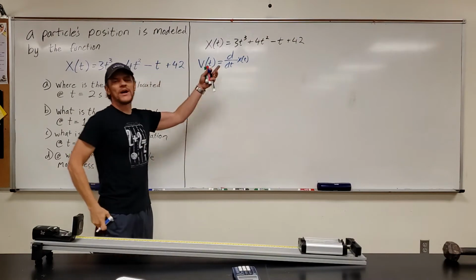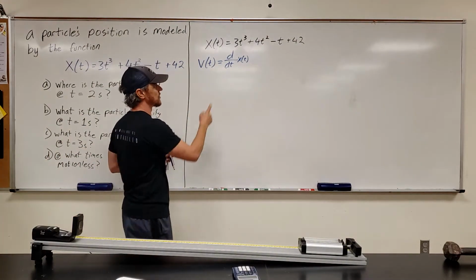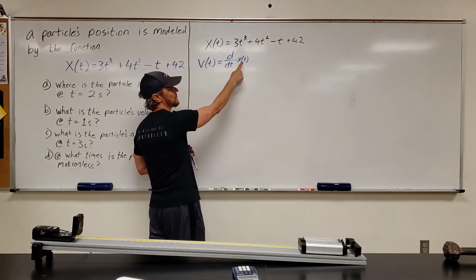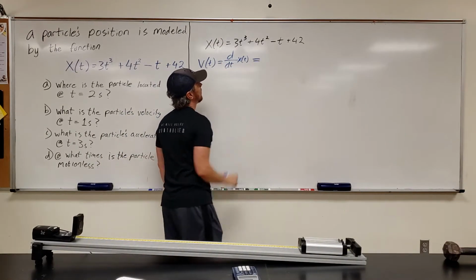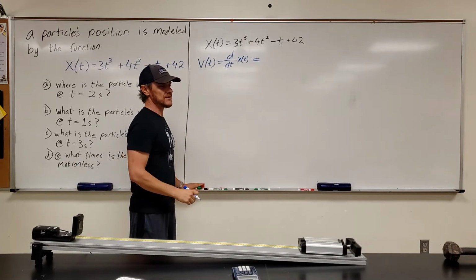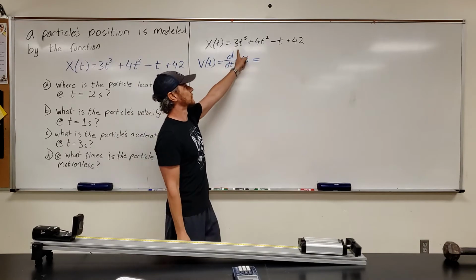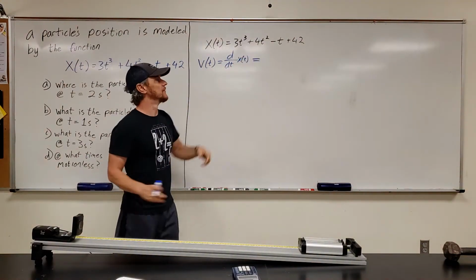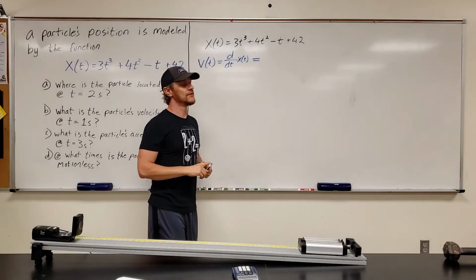I'm going to change up the way that I notate the derivative here just so you get used to seeing it in so many different forms. So this just says the derivative with respect to time of my position function is going to be equal to, hopefully at this point, the derivative using the power rule is becoming a little easier, and the sum and difference rule and the constant multiple rule just say I do each one individually. The constants I don't really deal with in the derivative. I just multiply my result by those.